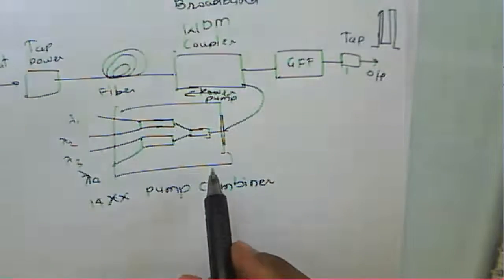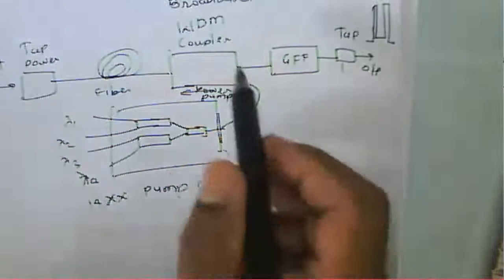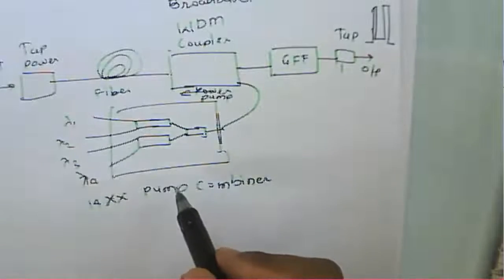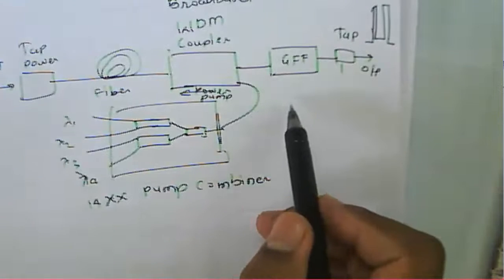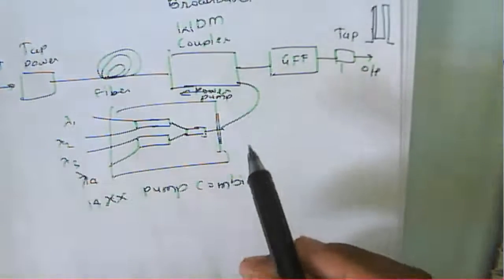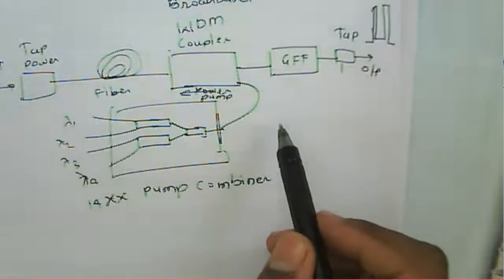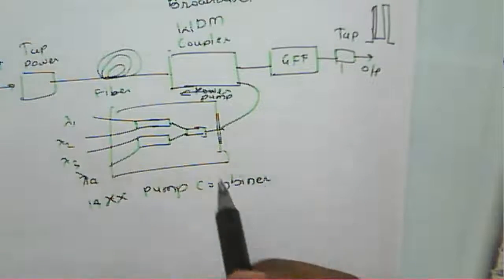And then we get the amplified output. Then we use a gain flattening filter that is used to equalize the gains at the different wavelengths.